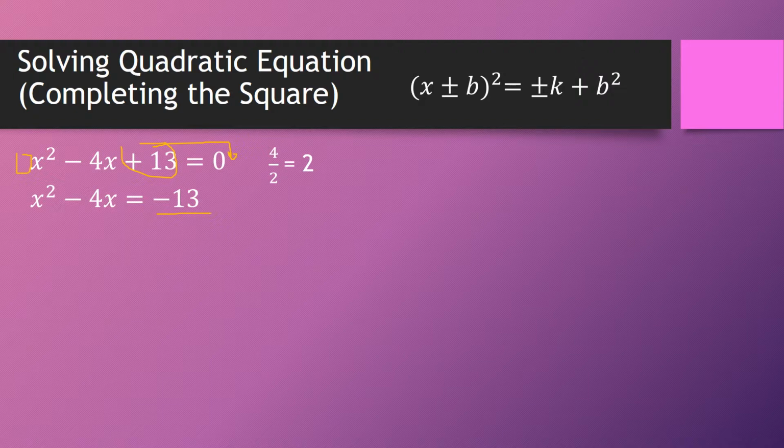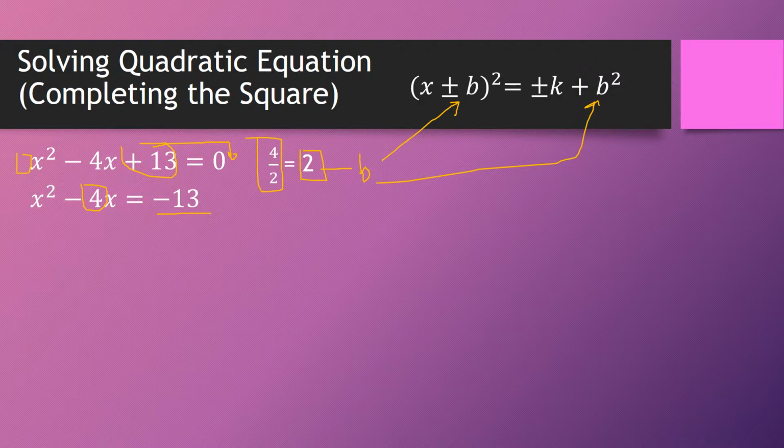The coefficient of x is 4, and now you divide 4 by 2, and the answer is 2. This is the value of b. Remember, this is b. The b that you're going to use in this equation, and the b that you had to use in this expression.